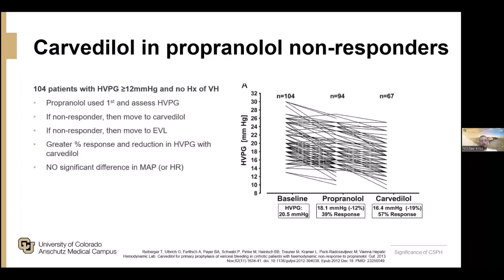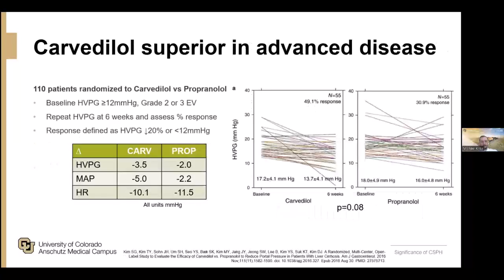So carvedilol probably is better, and this is a study that's really helping to directly establish that. In this study, there was actually no significant difference in the mean arterial pressure or heart rate between the two groups, but I will show you some data where there probably is an effect on mean arterial pressure, specifically in carvedilol because of its alpha-1 activity. So I'm kind of setting the stage here that carvedilol might be better.